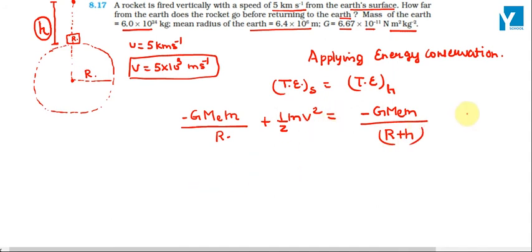And kinetic energy at this point is zero, because at the highest point the velocity of the rocket will be zero.